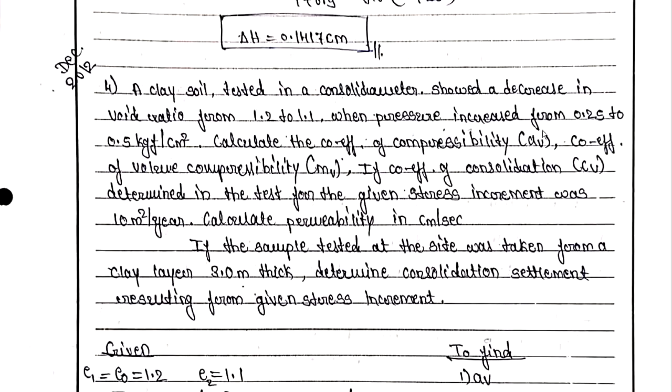Calculate the coefficient of compressibility, that is av, and the coefficient of volume compressibility, that is mv, if the coefficient of consolidation cv determined in the test for the given stress increment was 10 meter square per year. Also calculate the permeability in centimeter per second.